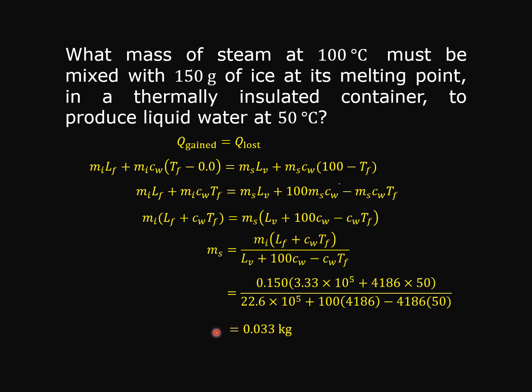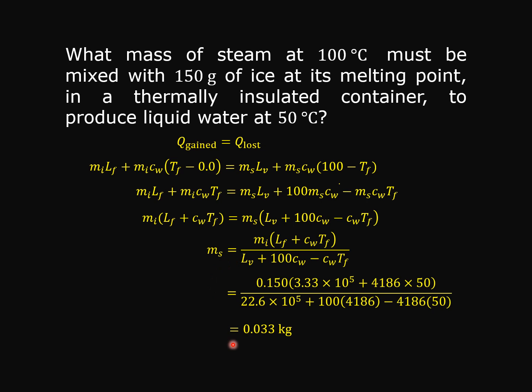This is the mass of the steam that melts the 150 grams of the ice and increases the temperature of the water produced from the ice to 50 degrees C. At the same time, because this 33 grams of steam loses the heat, it will condense and then become water, and its temperature also will drop to 50 degrees C.